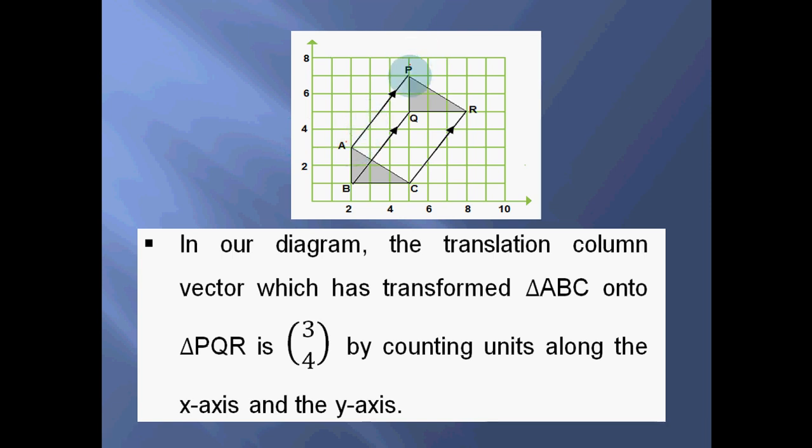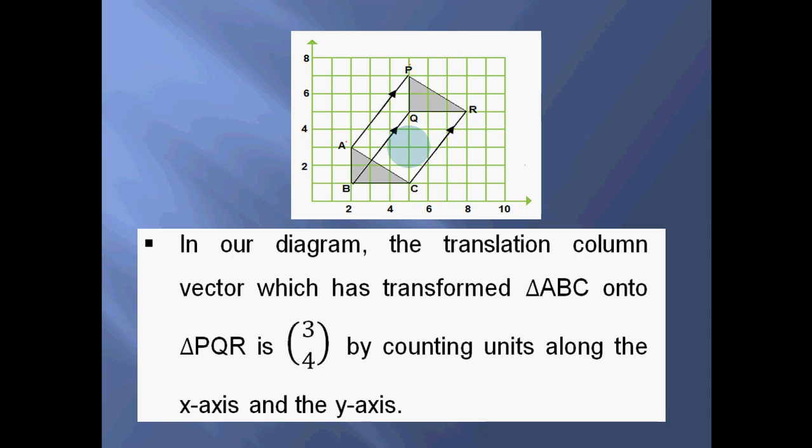Now, we are going to count the units of moving the points. The first one is counting along the x-axis. Now, from A to where P is, we are going to count 1, 2, 3 units. 3 units, 3 movements.